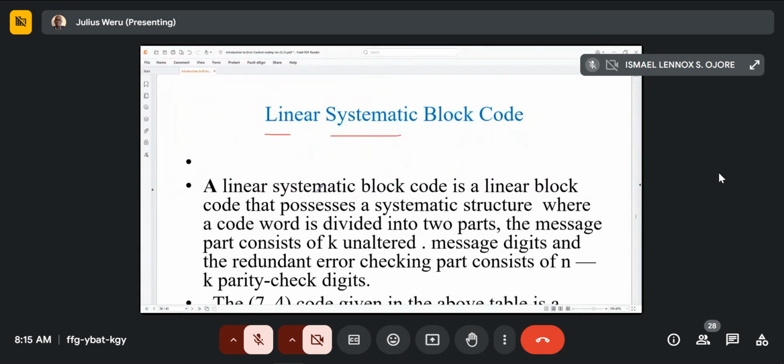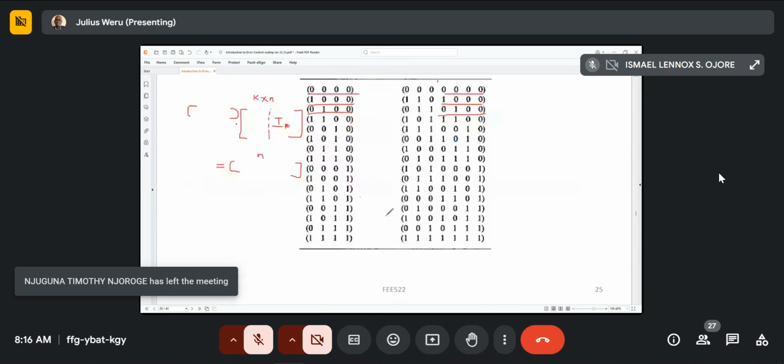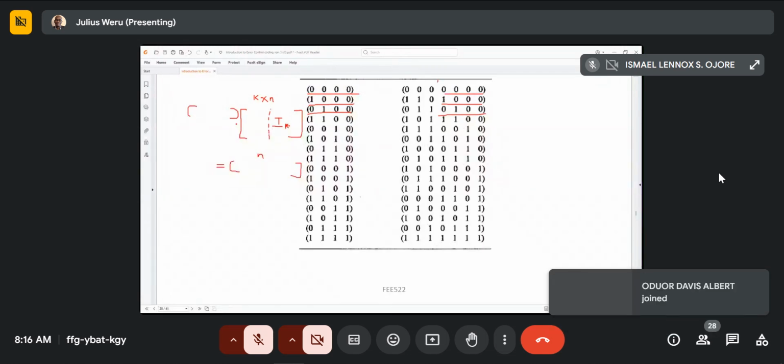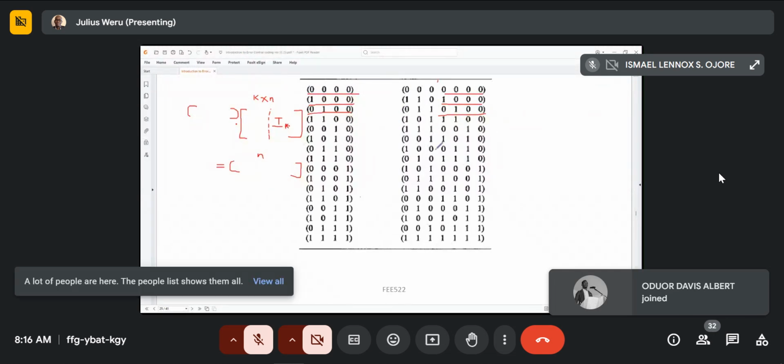The linear part means that if you add any two code words, they produce another code word. And when we talk about a code word in a code, we actually mean a valid code word, because you can have other arrangements which are not valid.